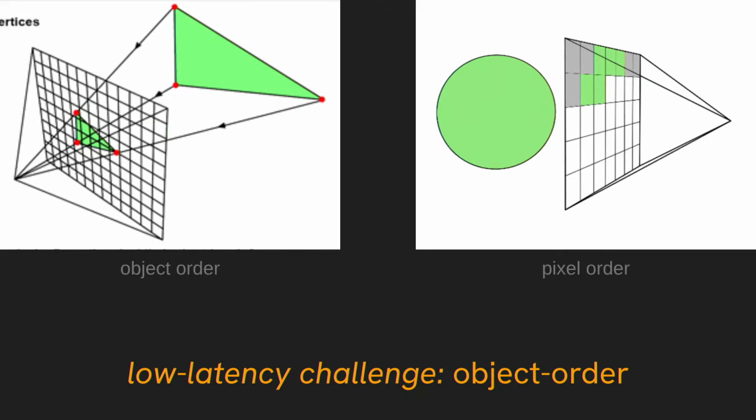All right, so one low latency challenge is object order rendering itself. By object order rendering, we mean we're rendering object by object or triangle by triangle. And what's the problem here? The problem is that as you're building a frame, as you're building an image, you don't know that you're done until you render the very last object or the very last triangle, right?